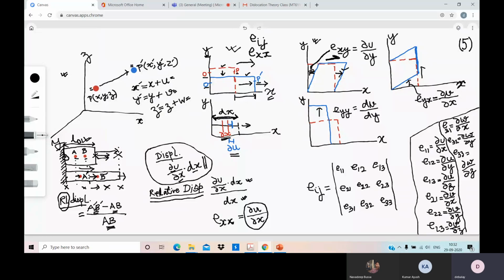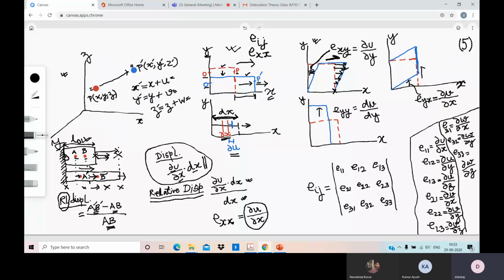If you see the displacement at this point, how much is the displacement along x direction? 0. More you increase the y, if you move along the y, you will find the points are shifting more and more. That means the displacement is happening along the direction x, but it is proportional to the direction y, and that's why the second term is y.